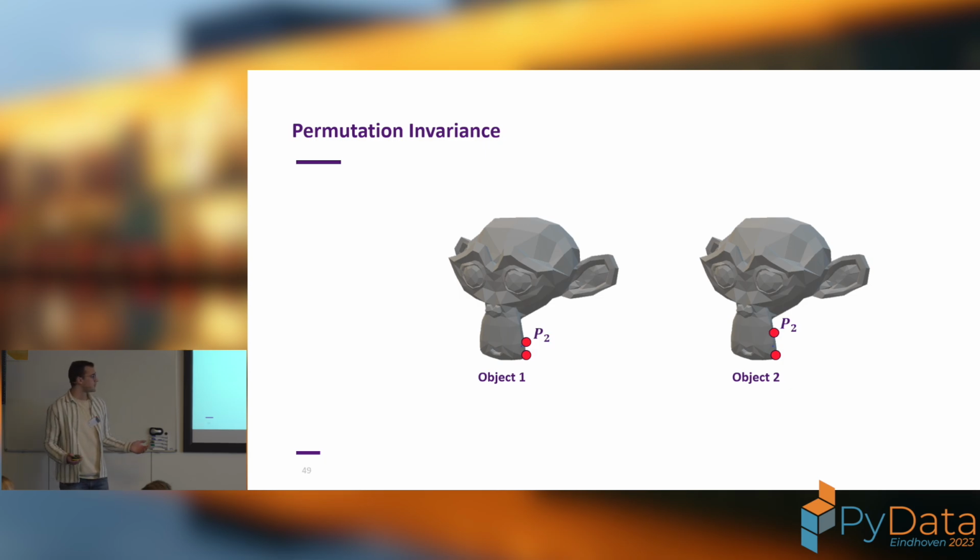But if you look at the second point, it could be that it's located in a different area. And so if you do this for all points, you can see that there can be some inconsistent ordering. Even if you align objects using these pre-processing techniques where you match correspondences, you can get some of them in a consistent order, but you will never be able to match all of them correctly. So you have this inconsistent ordering.